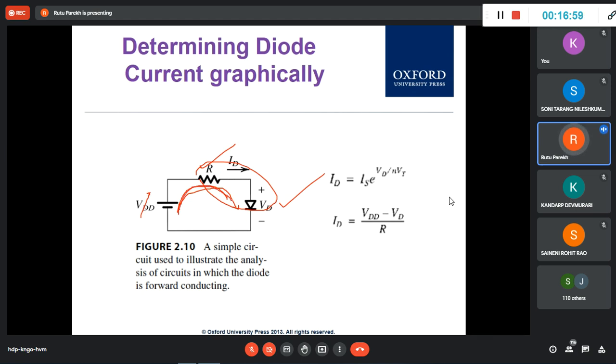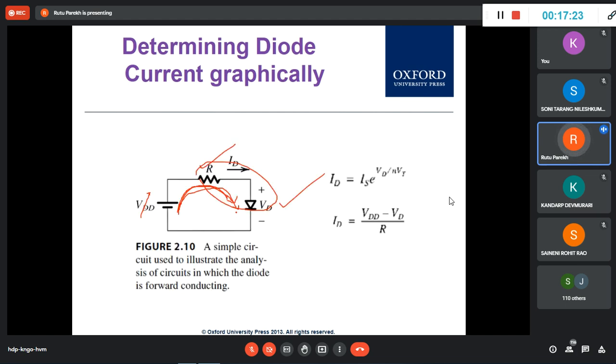This is an automatic thing: I will change as per this R and the voltage and the dynamic resistance of the diode. And if the voltage is also changing, accordingly the current will change. So I is changing if other things are fixed.